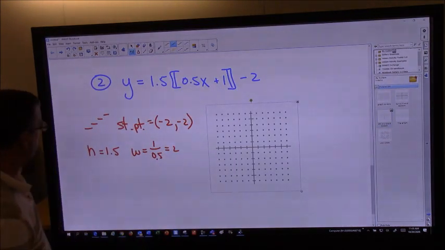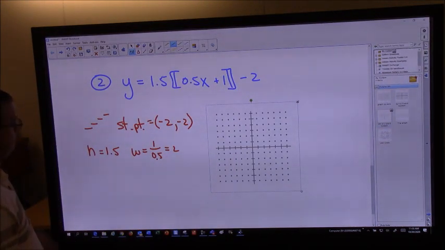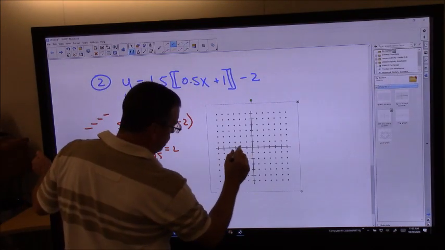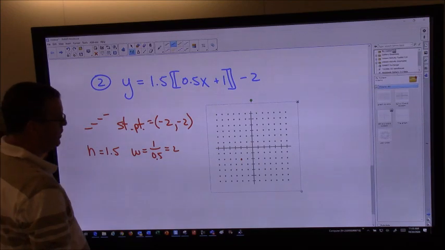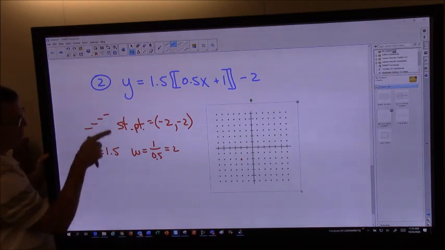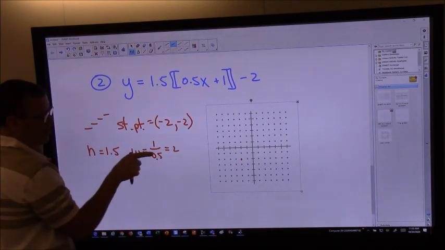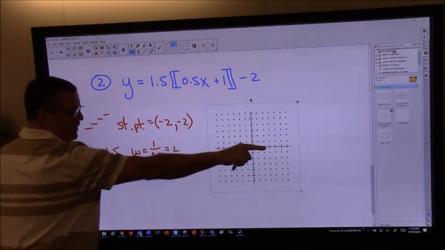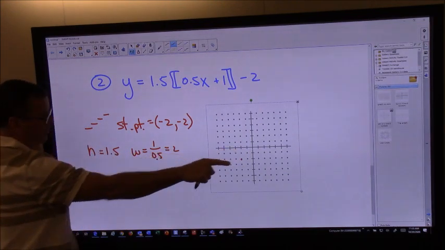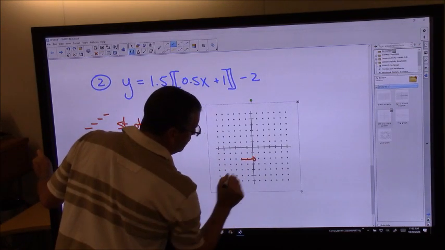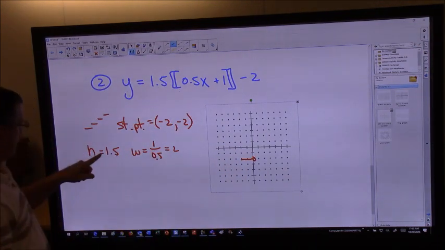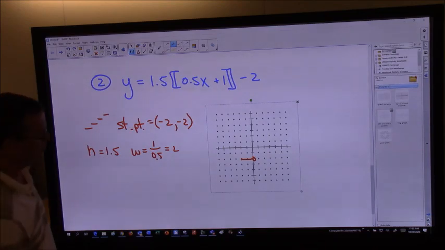So let's draw a picture of that. Starting at -2 comma -2. There's where I begin. And I'm going uphill, and my b value is positive, so I'm going to draw my first step that direction and then put the open circle on. And I want to go 2 units. So to right there. Now I got to go up 1.5 units.